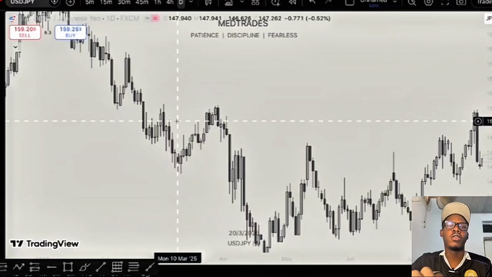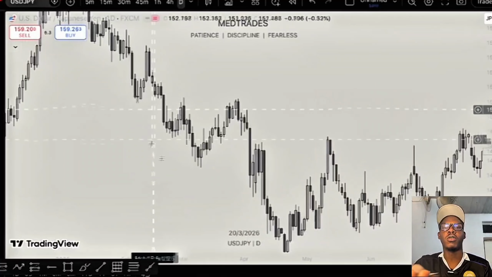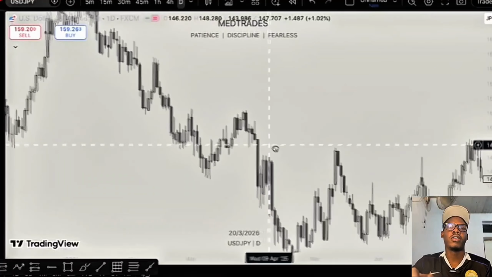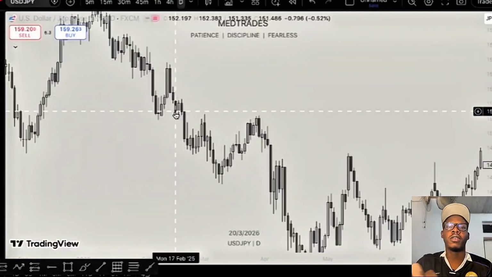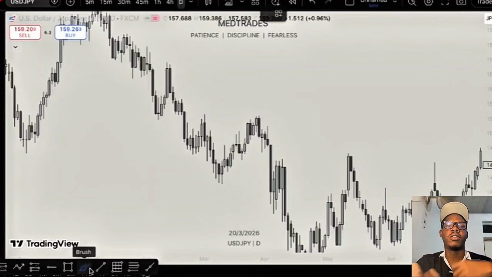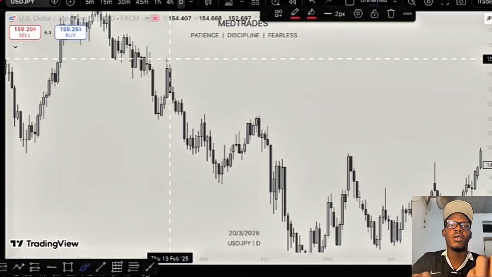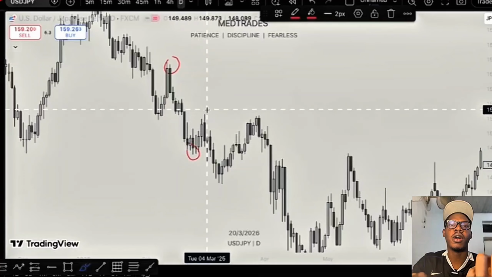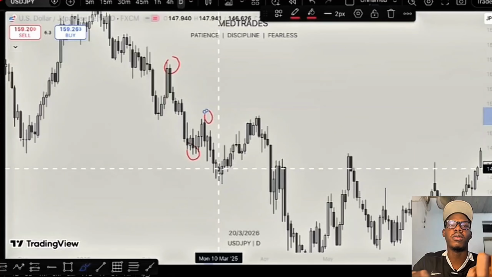Now, let's look at the chart and put in what we learned. Alright, so right here, what can we see? You can see a series of lower high, lower low, lower high, lower low.